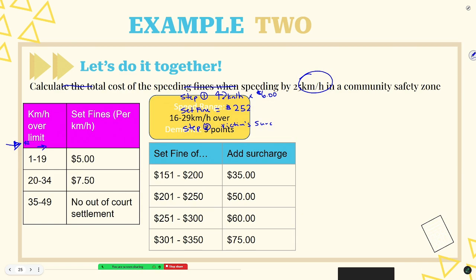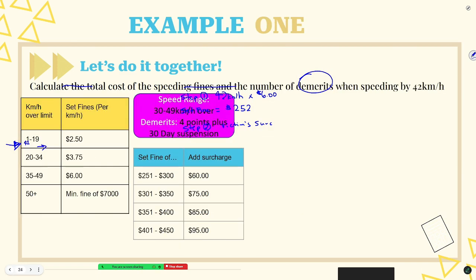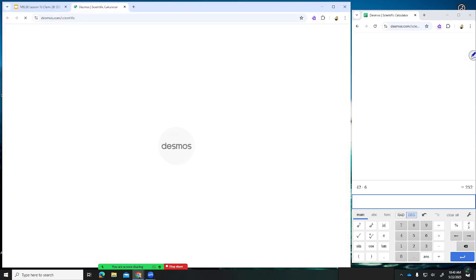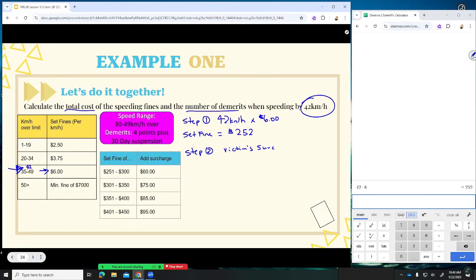I'm not sure why it just changed on me, but we're going to make this go back to where we were. Here we go. Let's try this again. Okay, victim surcharge. Sorry about that, team. So step 2, calculate the victim surcharge.